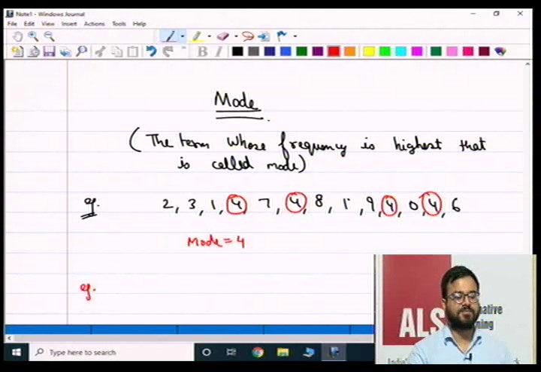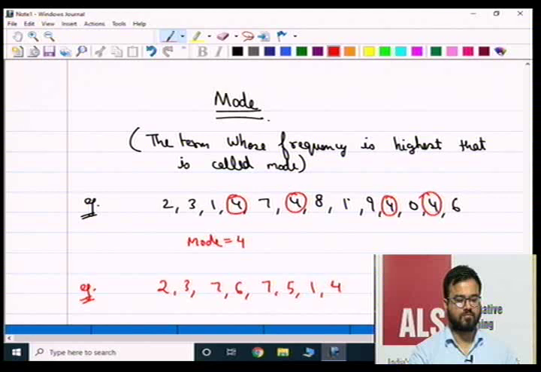Sometimes in the same data, 2 modes will be there. Suppose we have to calculate the mode of this data.